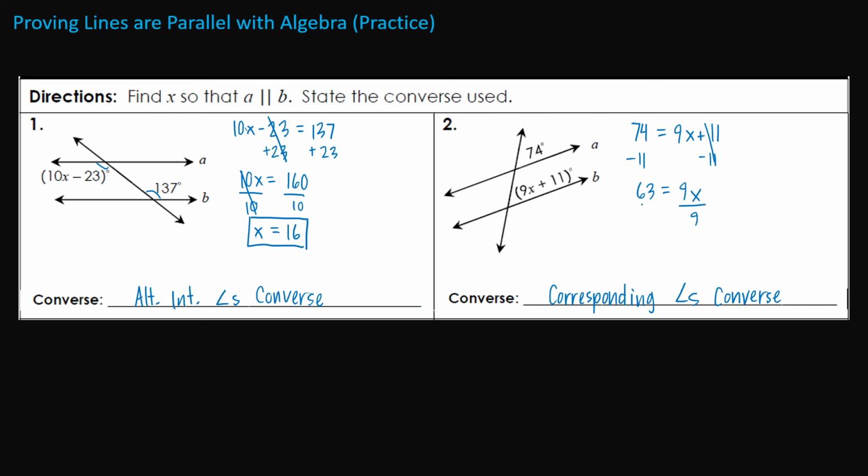And when we divide both sides of the equation by 9, 9 is reduced. 63 divided by 9 would be 7, so x equals 7. Any other value of x would make line A not parallel to line B. If you'd like more practice with proving lines are parallel with algebra, I recommend trying some of the examples from 3 through 10.